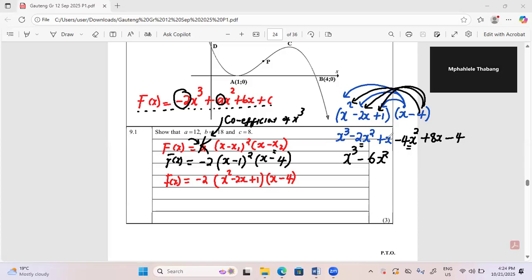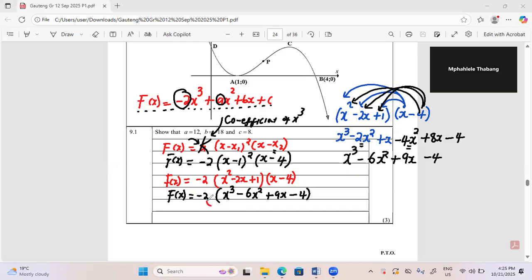Plus x plus 8x is 9x, minus 4. So you've got this now: f of x equals negative 2 times (x cubed minus 6x squared plus 9x minus 4). Now you distribute negative 2.